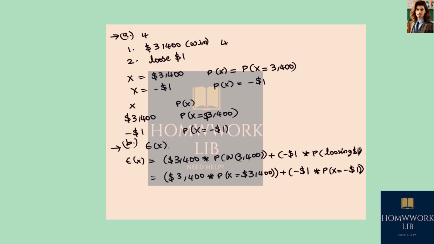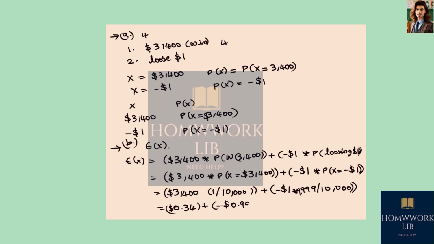So this is equal to 3,400 times 1 over 10,000, plus minus 1 times 9999 over 10,000. This gives $0.34 plus minus 0.9999.